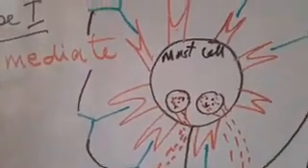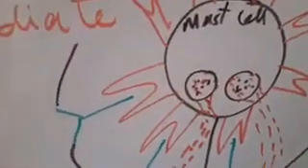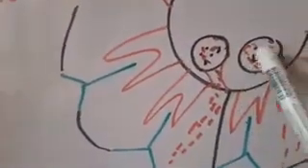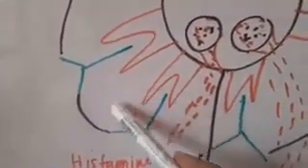or will send 2 signals. Signal 1 goes to the vesicles which contain granules, and cross-linking of antibodies will lead to degranulation, so that the granules will come out.